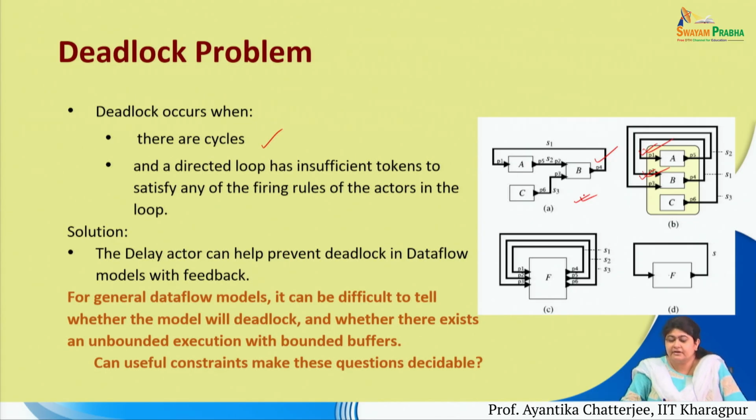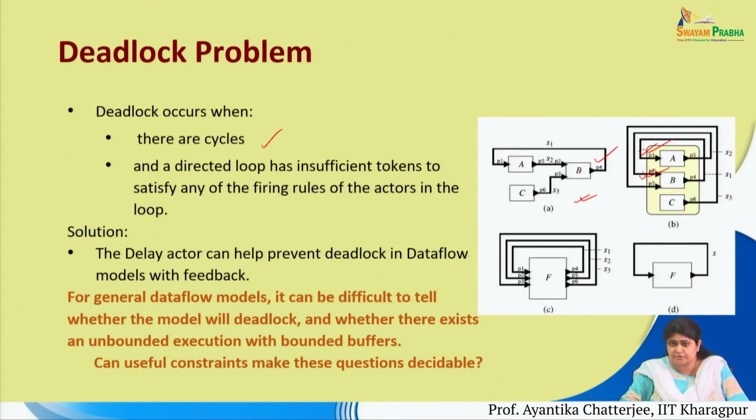So here some delay actor or some specification of input tokens can help to solve the matter. Like for the initial steps, if we define that some extra actor will produce or decide some input tokens to A, so that A can fire its transition. Once that is done, the first level output will get produced and that will in turn satisfy the requirement of firing in B, and B will produce the output.